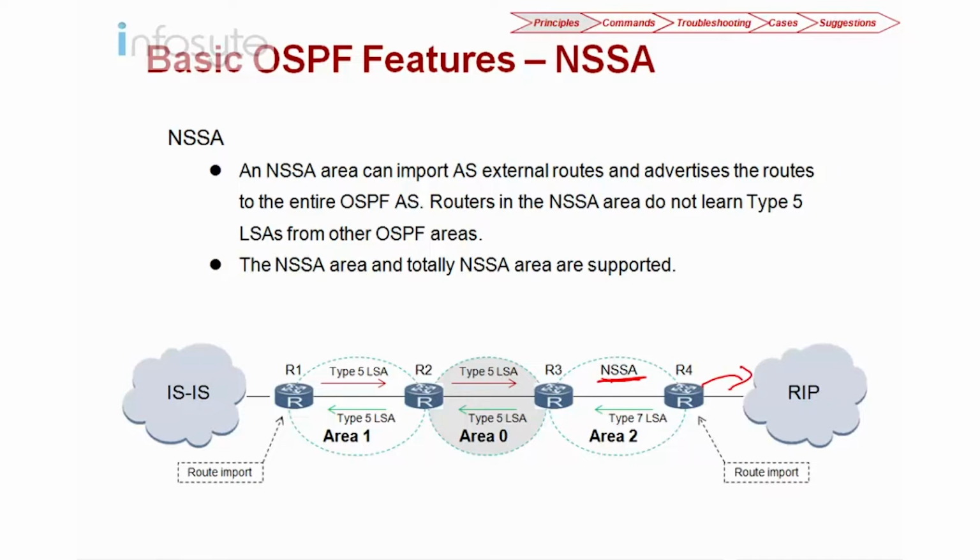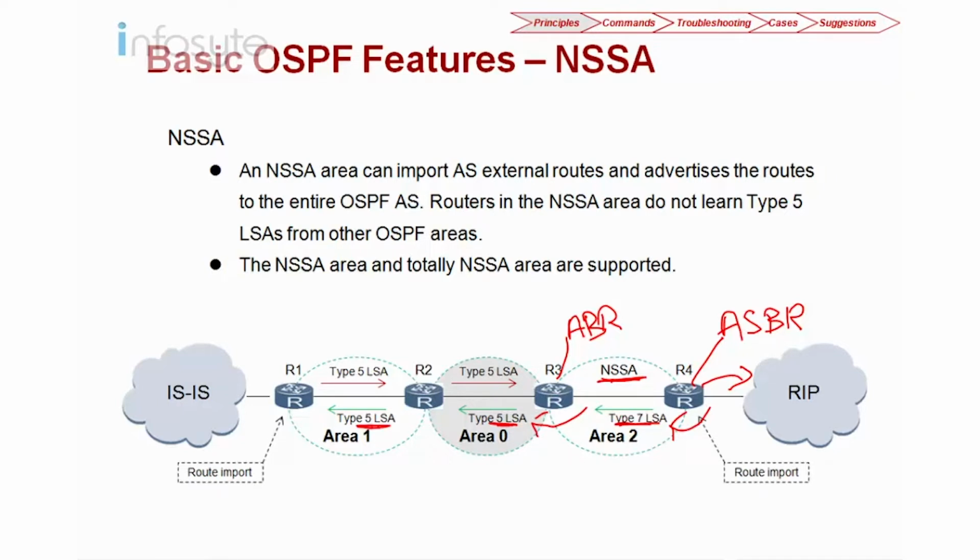When I perform the import route, R4 is an ASBR. When the ASBR detects a LSA type 5 coming in, it converts it to type 7 and sends it across to area 0. So R3 will receive the type 7 LSA, and R3 as ABR, when it receives the type 7, converts it to a type 5. And R2 you send as a type 5 as well.